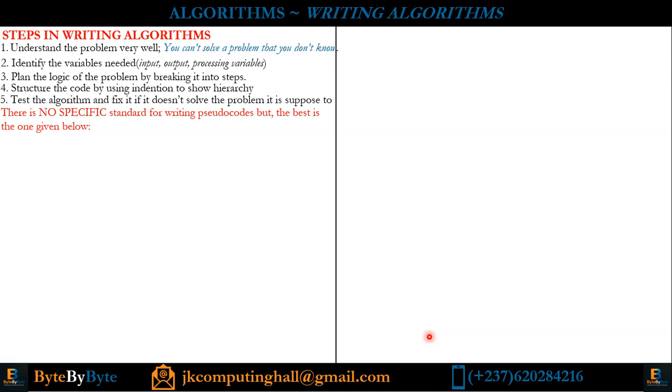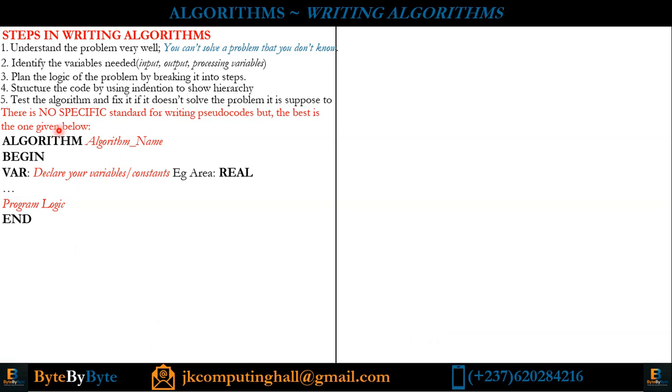Okay, guys, as we saw as the disadvantages of pseudocode, different programmers could not easily communicate on a particular pseudocode. It is because there is no specific standard for writing pseudocode. But according to me, the best is the one given below.